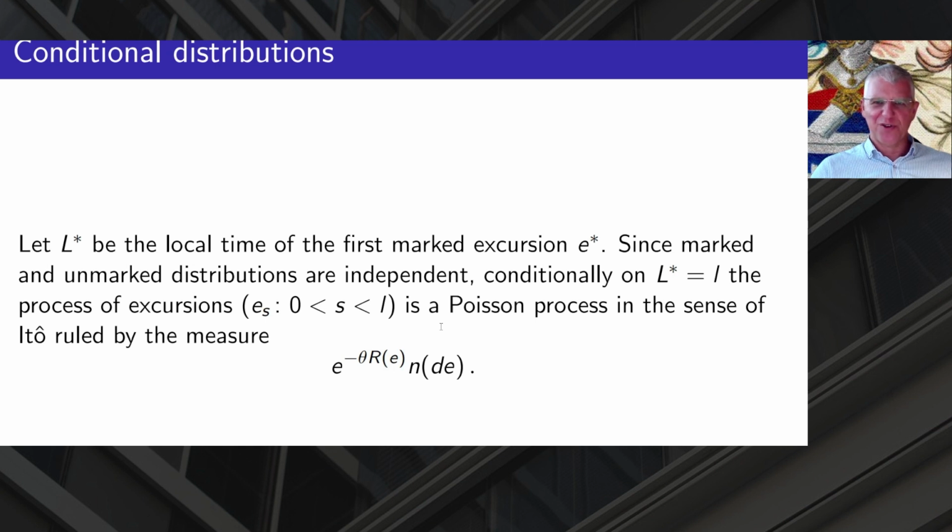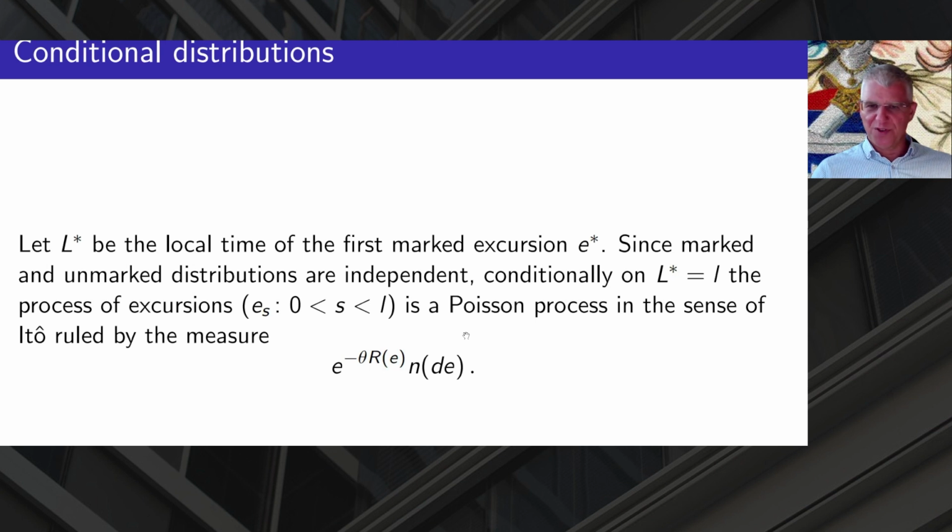So now things are slowly coming together, right? I'm using very simple, elementary facts. If you have a Poisson process on the positive real line, and you look at the distance of the first point from the origin, that distance will be an exponential random variable.